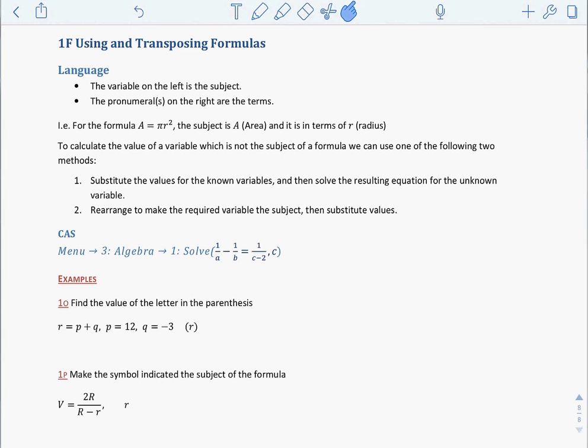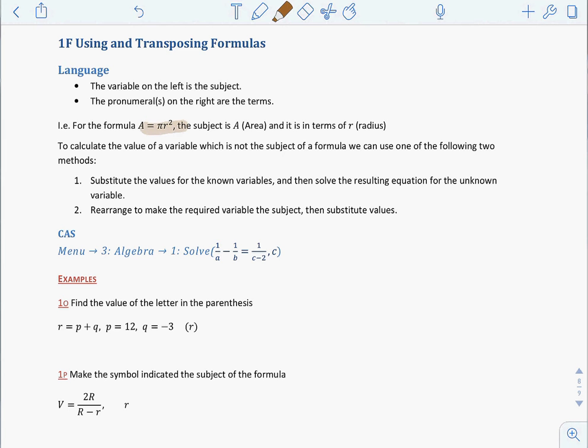So usually speaking, the variable on the left is the subject. The pronumeral, or the pronumerals, on the right are the terms. For instance, in the formula A equals pi r squared, area of a circle, the subject is A, that's on the left-hand side, and it's in terms of r.